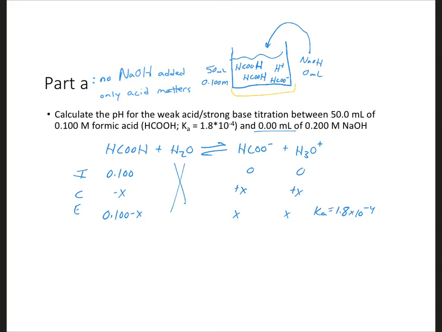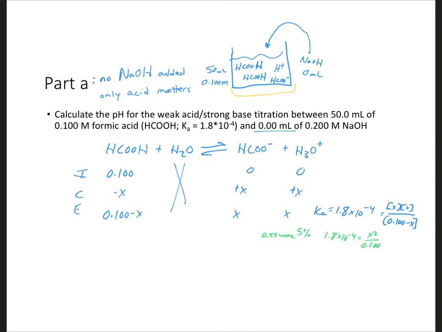We can set that equal to our equilibrium expression, or you might have remembered our shortcut and jumped directly to this step. When we get here, we recognize this is going to look like a quadratic equation if we try to solve it. So instead, let's try to make the 5% approximation.